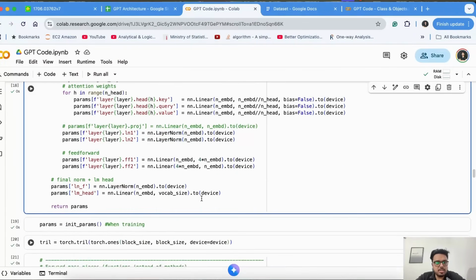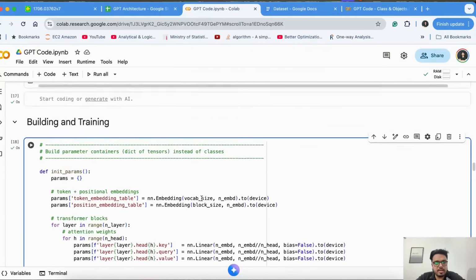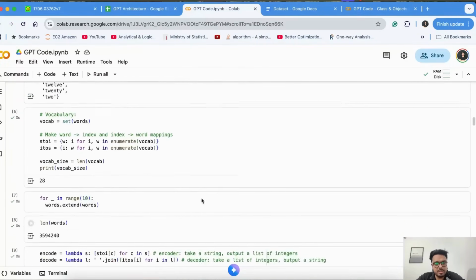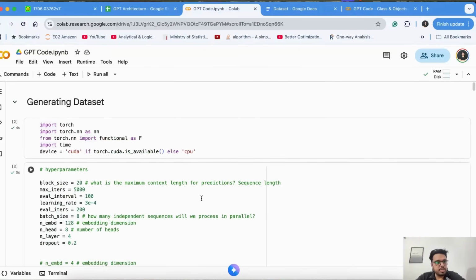So that's mostly it. I think this concludes the session, and the broader idea and goal behind recording this video was to give you a very intuitive understanding of how ChatGPT architecture works and how we can code a very simple architecture to get a feel of how transformers are actually created and implemented.